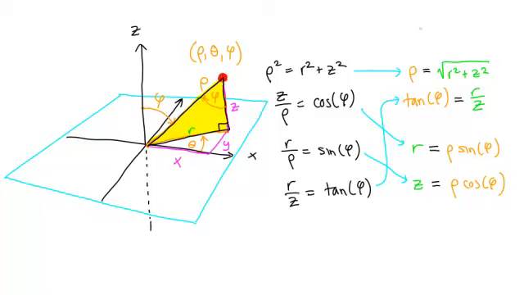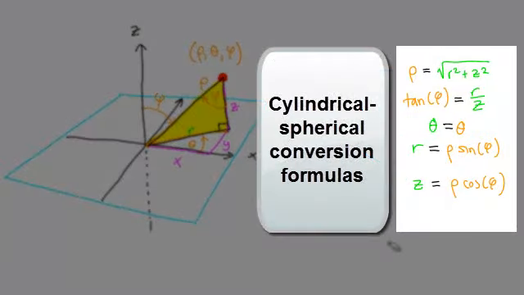If we add a third equation to this mix, namely the trivial equation that theta is equal to theta, then what we have are five equations that allow us to convert between the green cylindrical coordinates r, z, theta and the orange spherical coordinates rho, theta, phi, and back again.